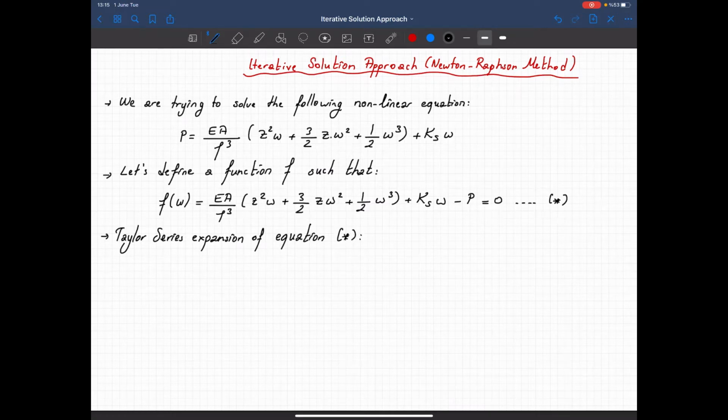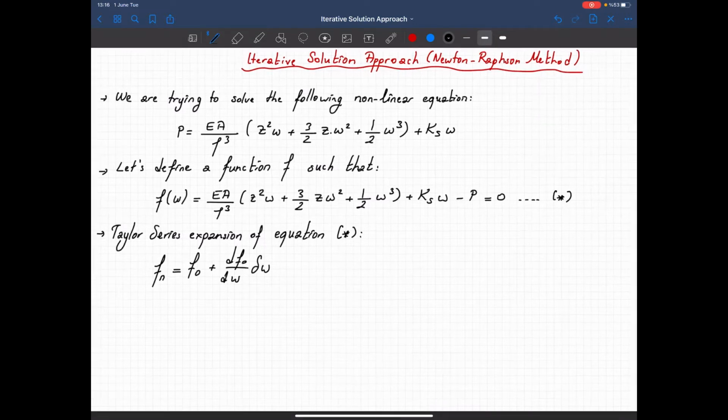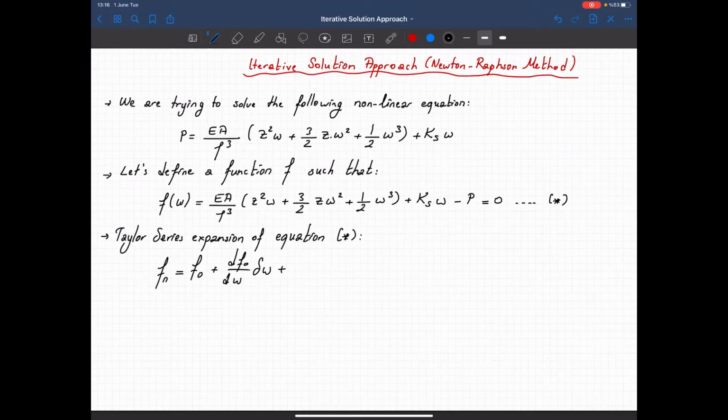We have the following: F0 plus dF0 over dW, plus 1 over 2 d square F0 over dW square, W squared, and so on.